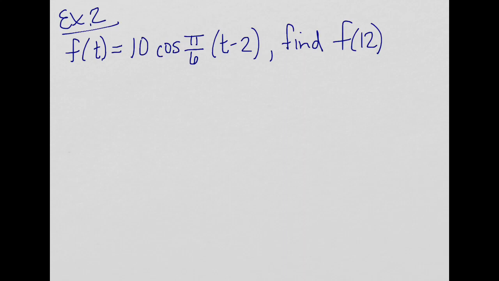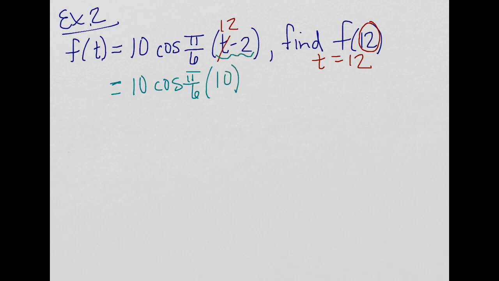So if f of t, this means t equals 12. So I'm going to put a 12 in for that t, and then I'm going to simplify. Easy as that. So this becomes 10 times the cosine of pi over 6 times 10, right? Because 12 minus 2 is 10.